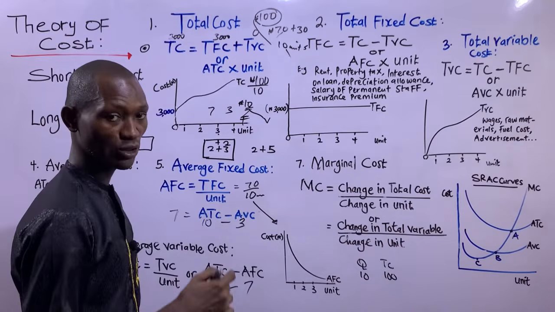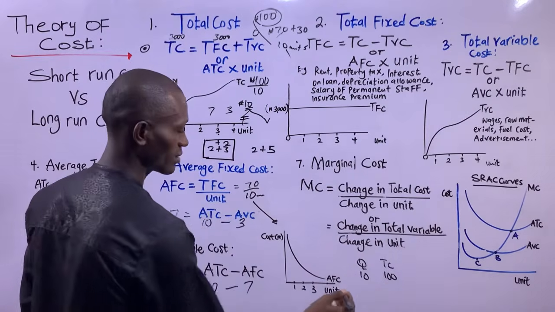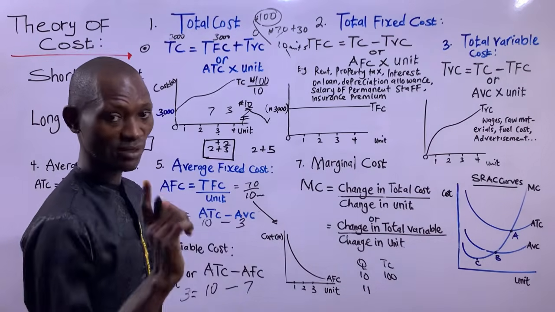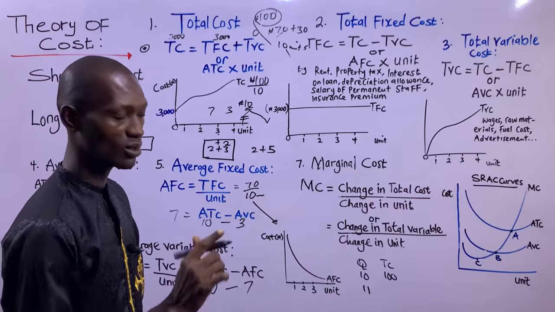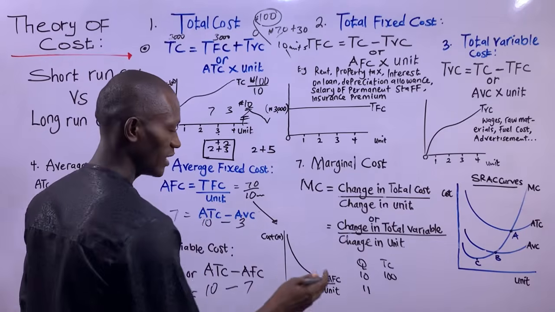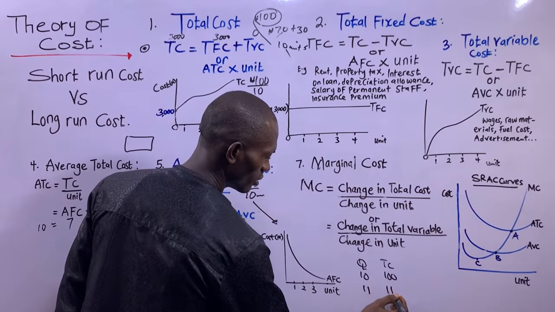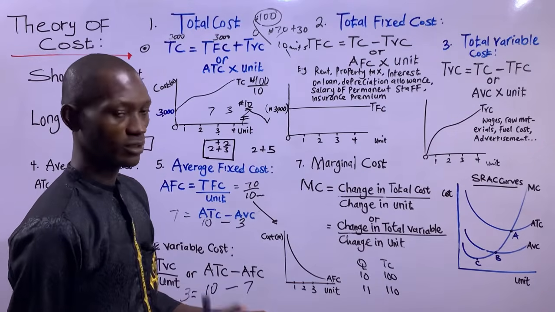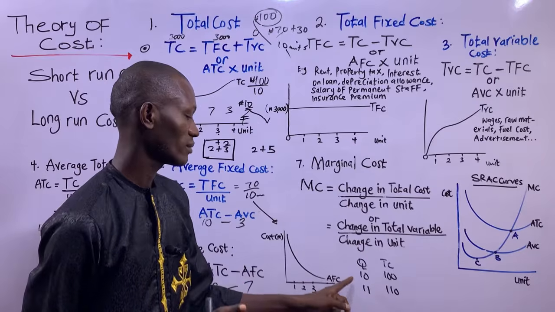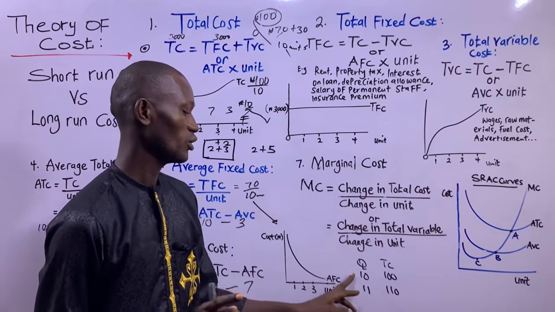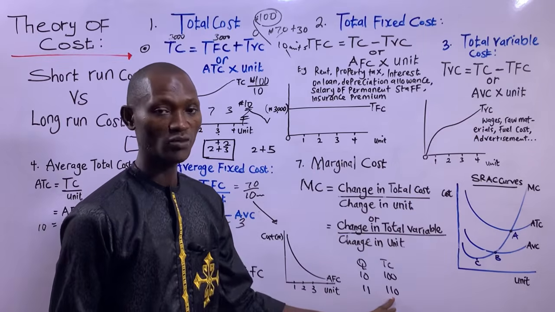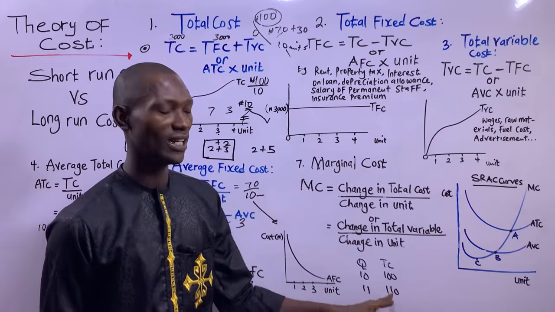Then we want to produce an additional, that's the 11th unit. Since the average total cost is 10, this will be 110. The cost per unit is 10. Don't forget, we produce 10 units for 100 naira. We produce 11 units, that will be 110 naira. That's basically what we have.